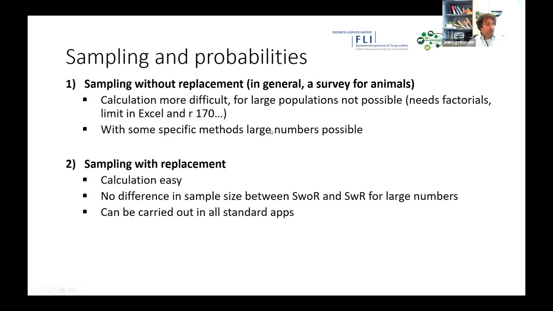With some specific methods in Python you can go to higher numbers, and then you have some estimators. In contrast, for sampling with replacement the calculation is quite easy, and if you have a large population, the difference in the sample size between sampling without replacement and with replacement is marginal, so there's nearly no difference.